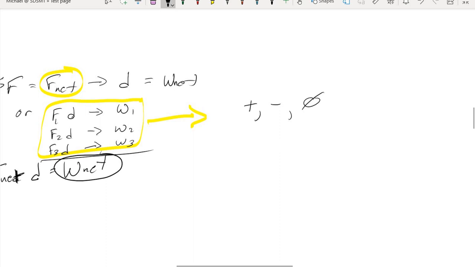But at the end of the day, the work that is done is a scalar quantity, and we can just add these directly together. We don't have to worry about the vector components of the forces and the displacements anymore.